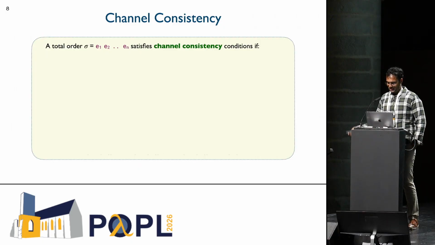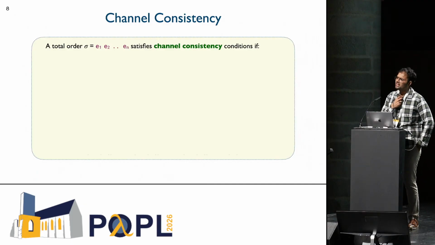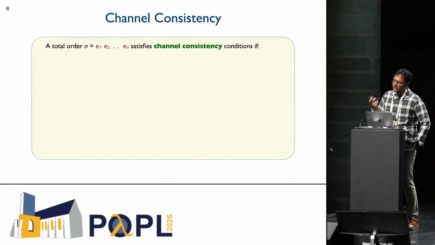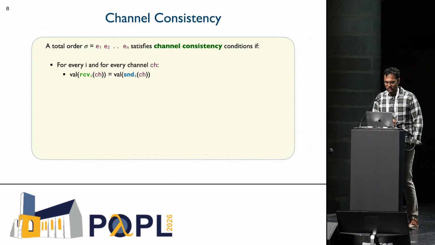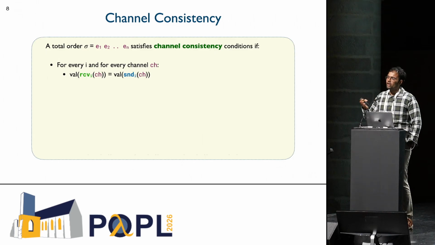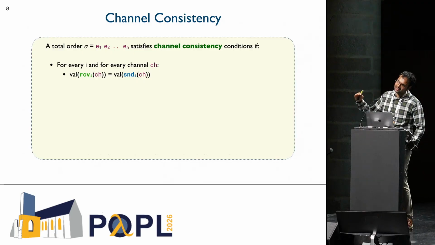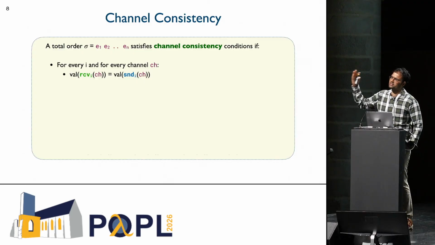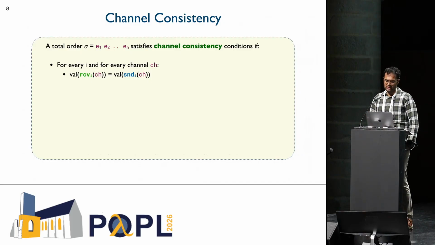Okay, so now it's a good time to talk about the problem statement. The problem statement is to check for channel consistency. Let me rephrase it as a consistency condition. You're given a total order, and the total order satisfies channel consistency if it continues to obey the FIFO semantics of channels. That means that if I look at the ith receive, then its value is the same as that of the ith send. That happens for every channel.